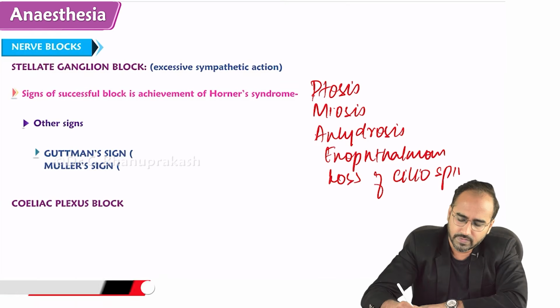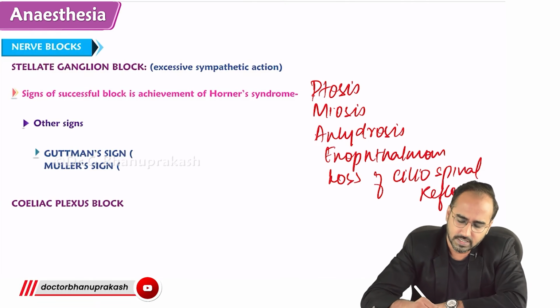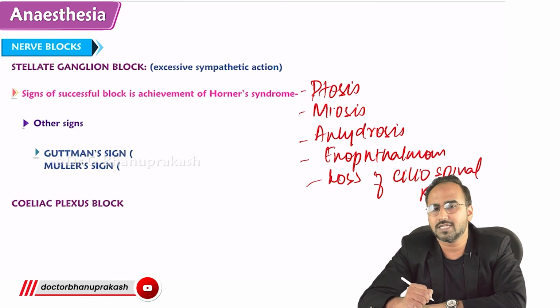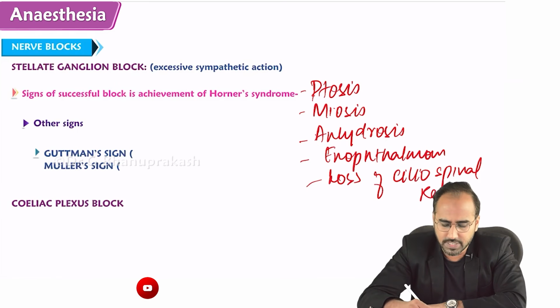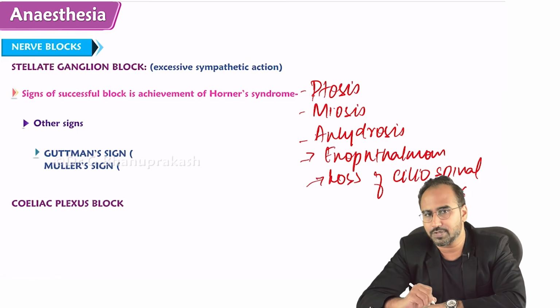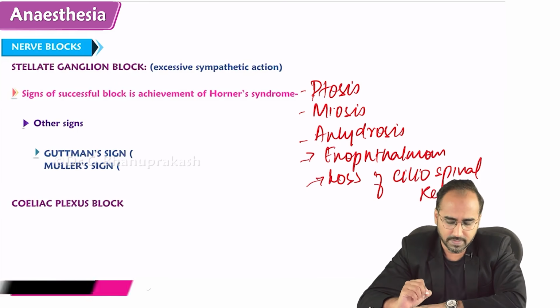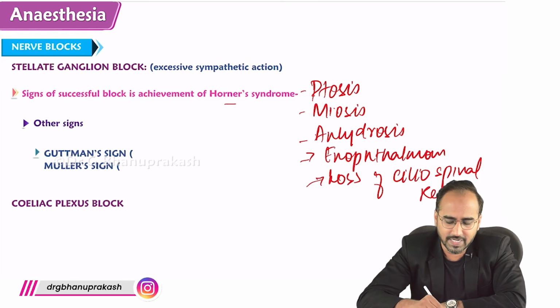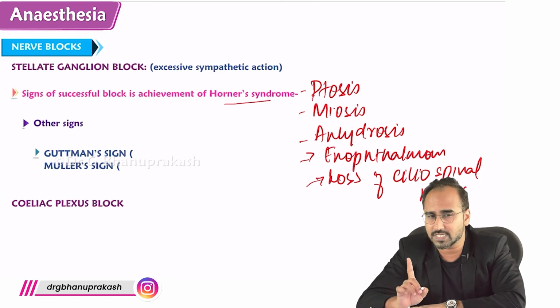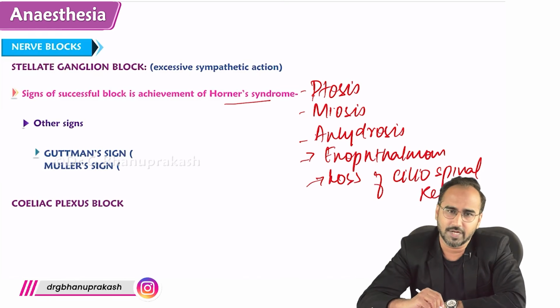Ptosis, miosis, anhidrosis, enophthalmos and loss of ciliospinal reflex. That you see in what syndrome? Horner's syndrome, right? So that is basically the first sign. Achievement of Horner's syndrome is the first sign of a successful stellate ganglion block.